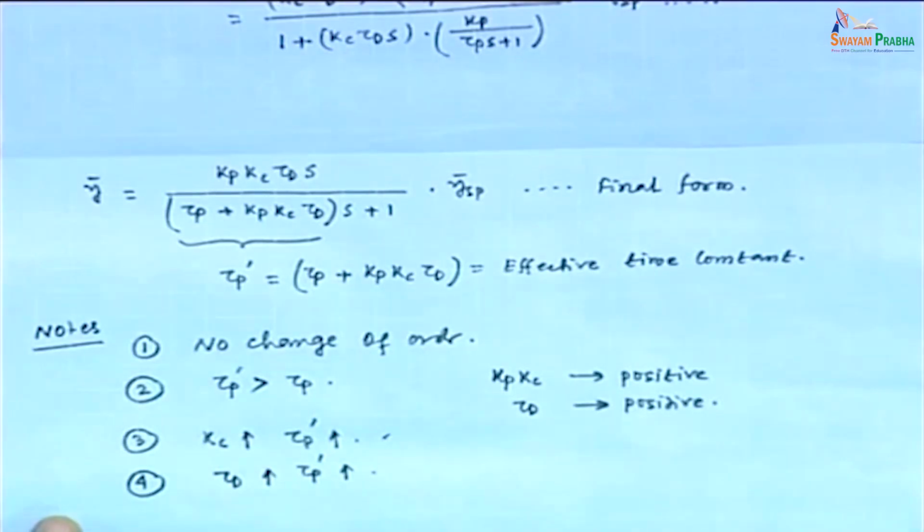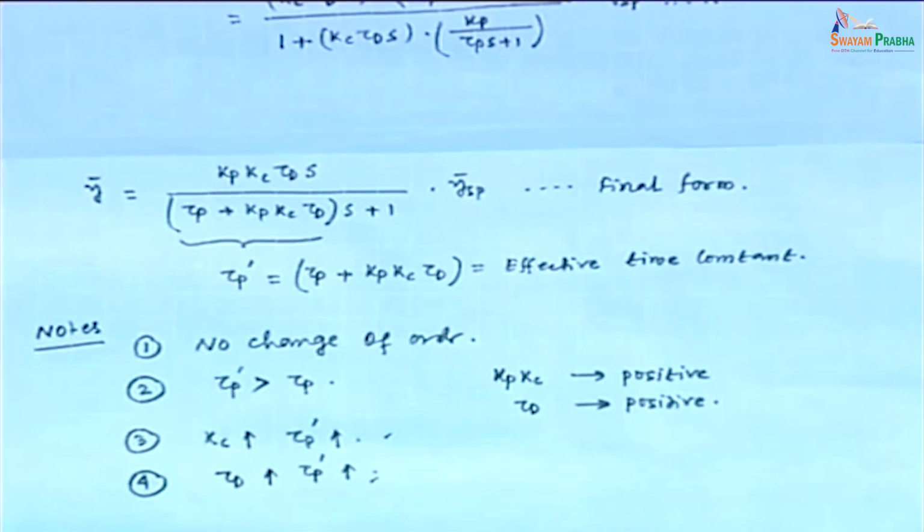So, that is why we observe the effects of Kc as well as tau d. With the increase of Kc, tau p prime increases, and with the increase of tau d, also tau p prime increases. That means the overall response becomes slower due to the increase of Kc and tau d.